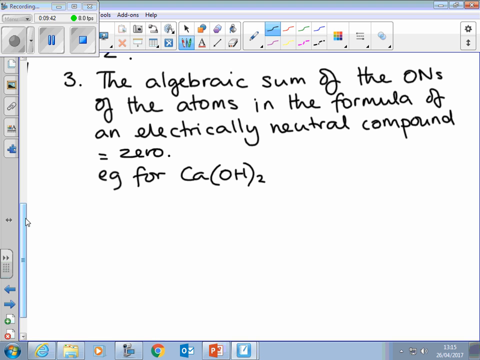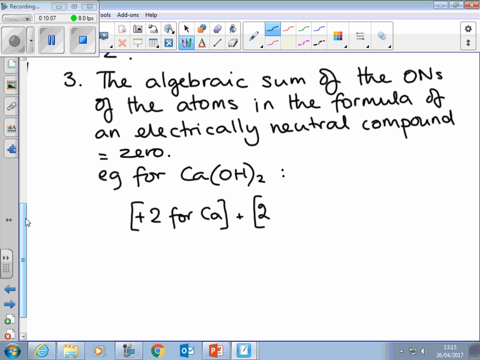So the sum is, for the calcium, +2. I'll put it in brackets to start with, plus 2 lots of what we've got for the OH.